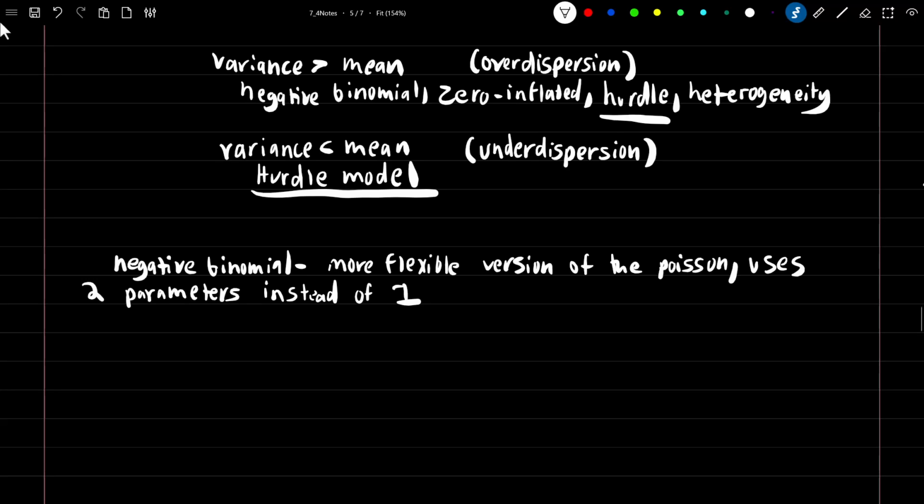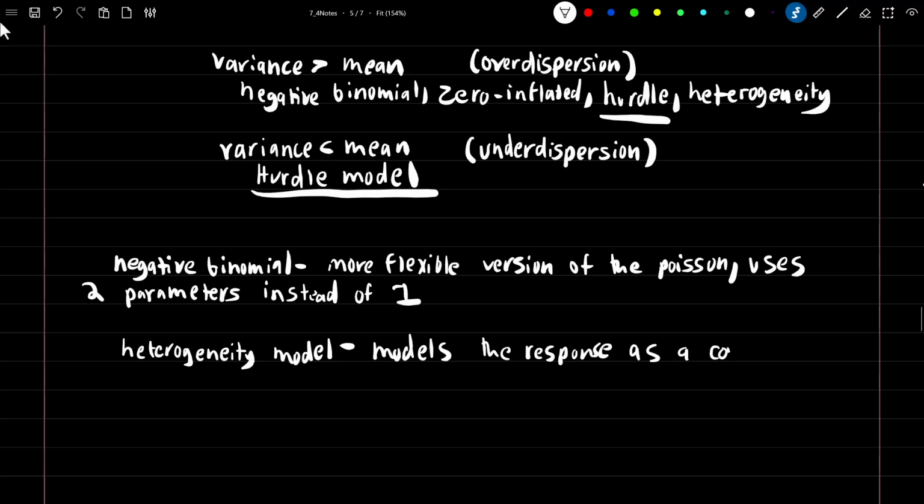And for a heterogeneity model, it models the response as a continuous mixture instead of a discrete distribution.